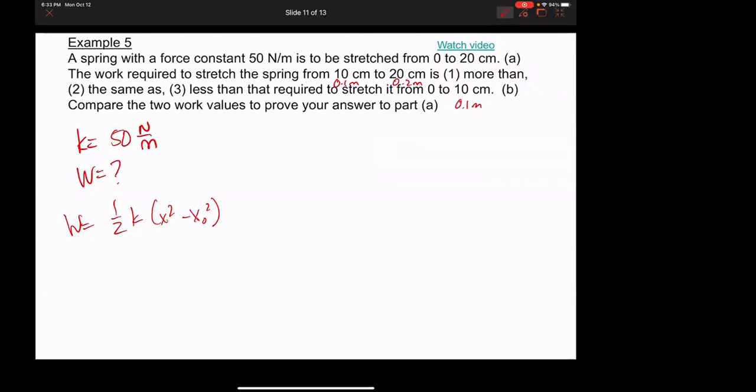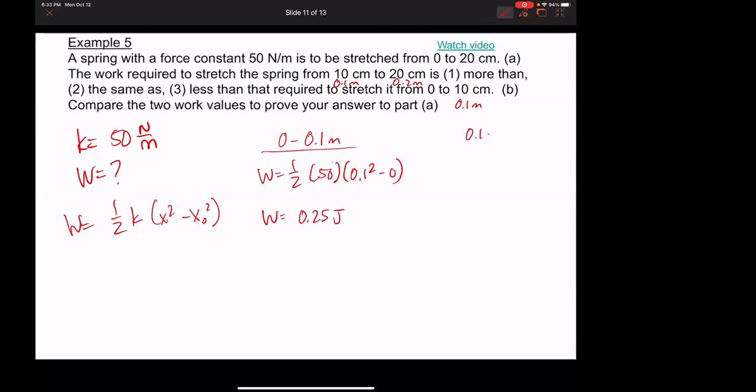For the first one, we're going from 0 to 0.1 meters. So the work is 1/2 times 50 times 0.1 squared minus 0. So the work done here is 0.25 joules.